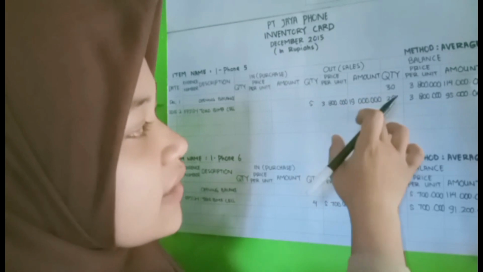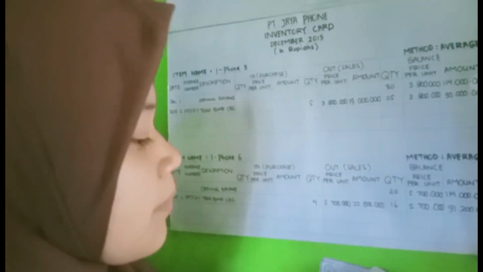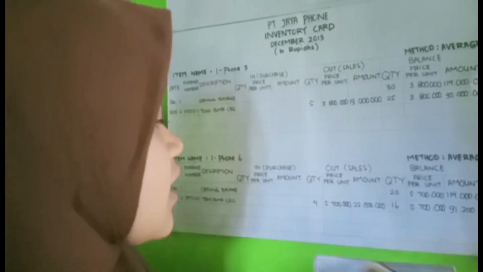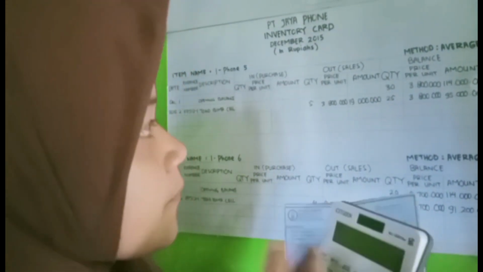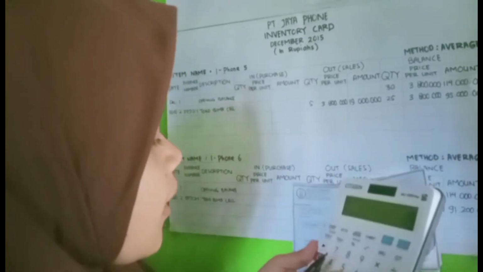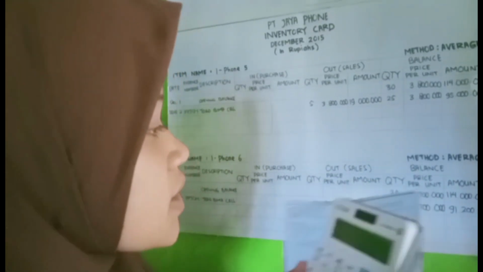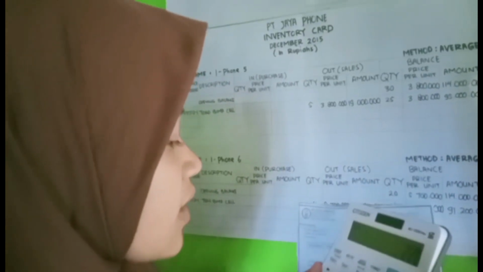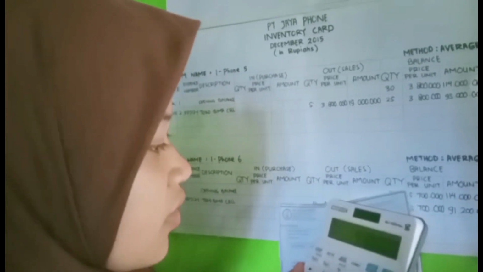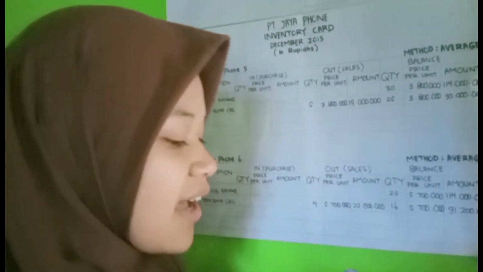We get the cost of goods sold from the amount of iPhone 5 plus the amount of iPhone 6 at the sales transaction: 19 million rupiah plus 22,800,000 rupiah. We input it to the cost of goods sold column.